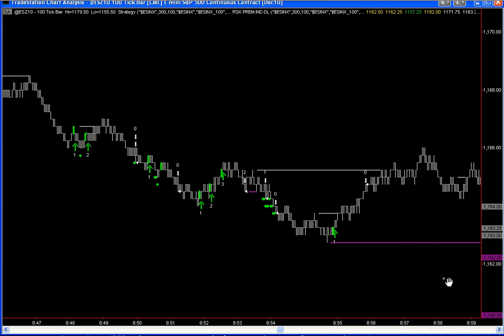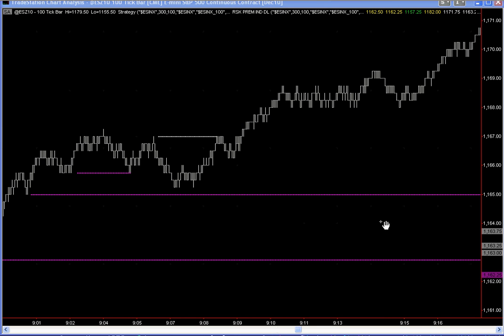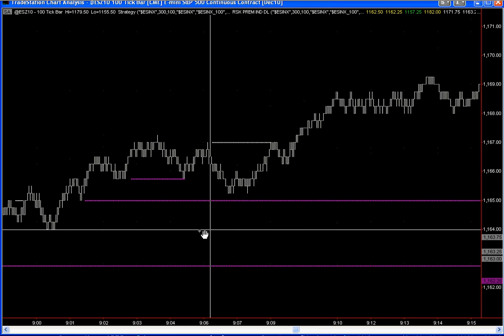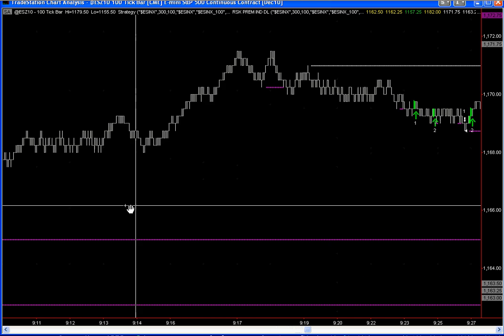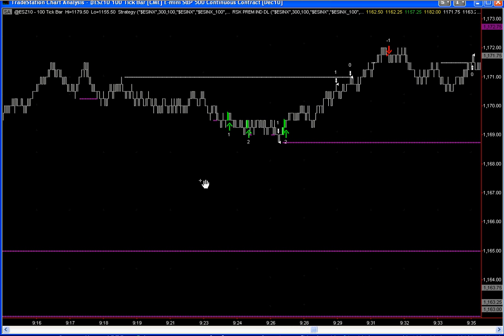Let's look at a few other examples. All right, the market moves up. We have no retracements, no signals until up here. Right in here, we have a nice retracement. Wonderful. Beautiful opportunity to take a long trade.